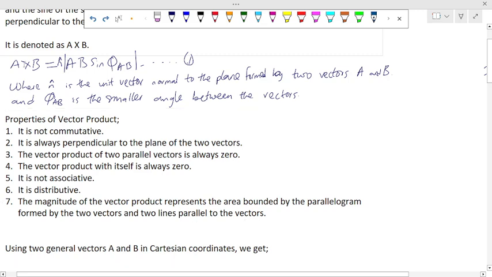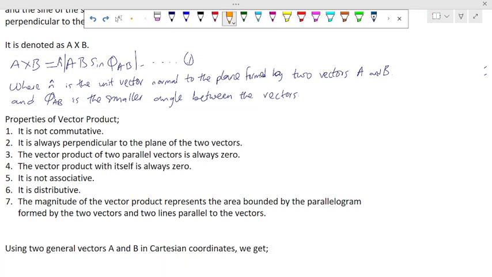So now, to explain the properties of vector products, this is what I want you to picture. This is vector A and vector B, two vectors. What we are saying is that if we cross them like this, we are going to get another vector C, whose magnitude is AB sine phi AB.